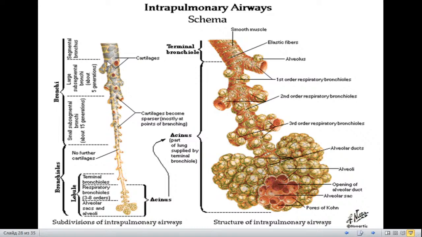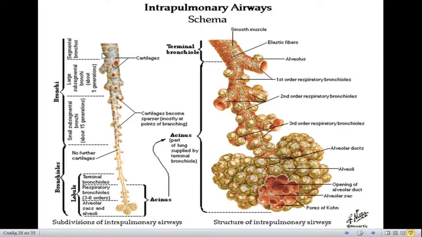Then smaller subsegmental bronchi divide approximately into 15 generations, and finally they lose their cartilages.